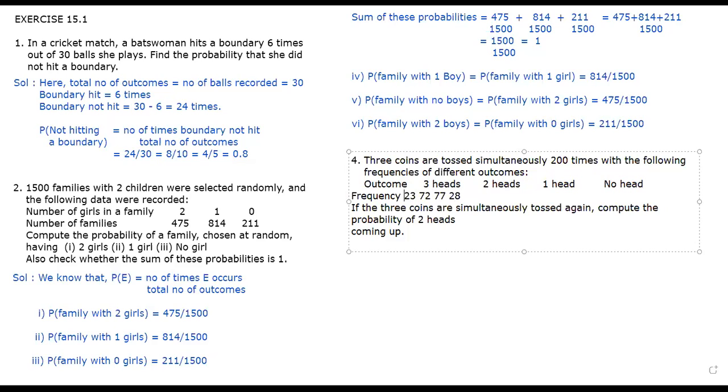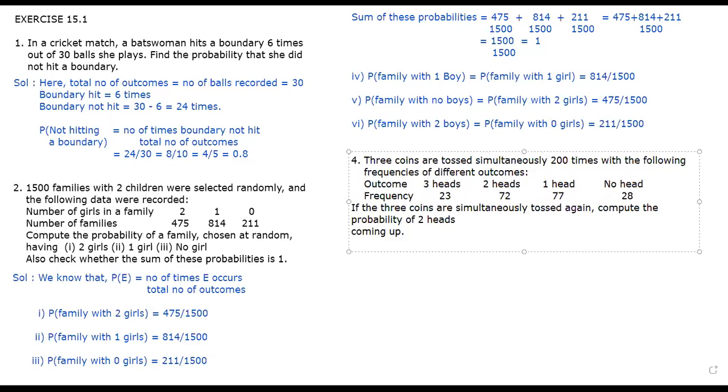Tell me, children, 3 heads means what? All the 3 coins are falling heads. 2 heads means what? One will be what? Tail. One, the other is tail.